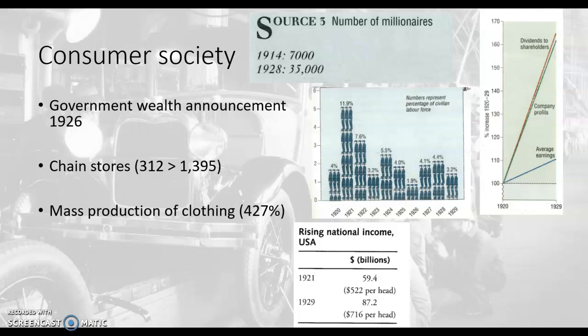So the sales in the clothing industry went up by 427% in the 1920s. Now, what also allowed the work between these chain stores and the factories was the transport infrastructure. It was mentioned in a previous lesson, but just to remind you that not only did we see an increasing number of cars, but trucks tripled to 3.5 million by 1929.